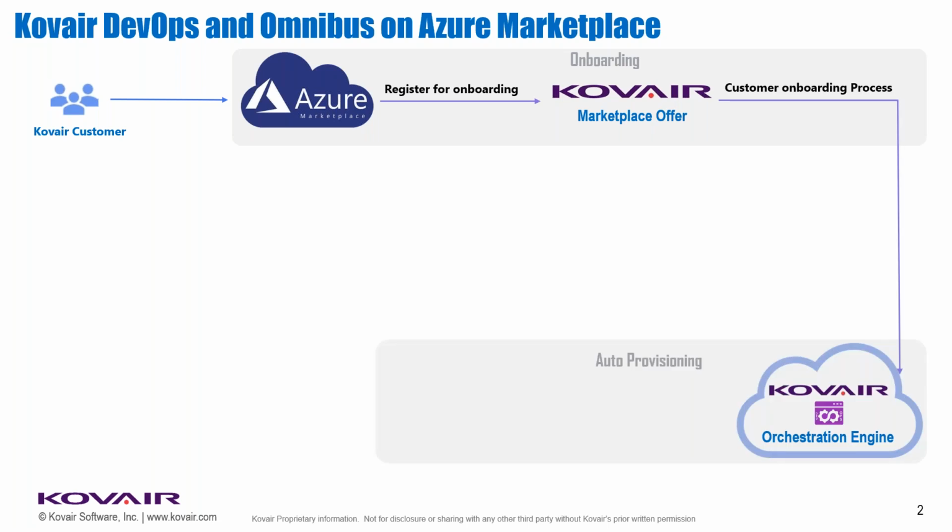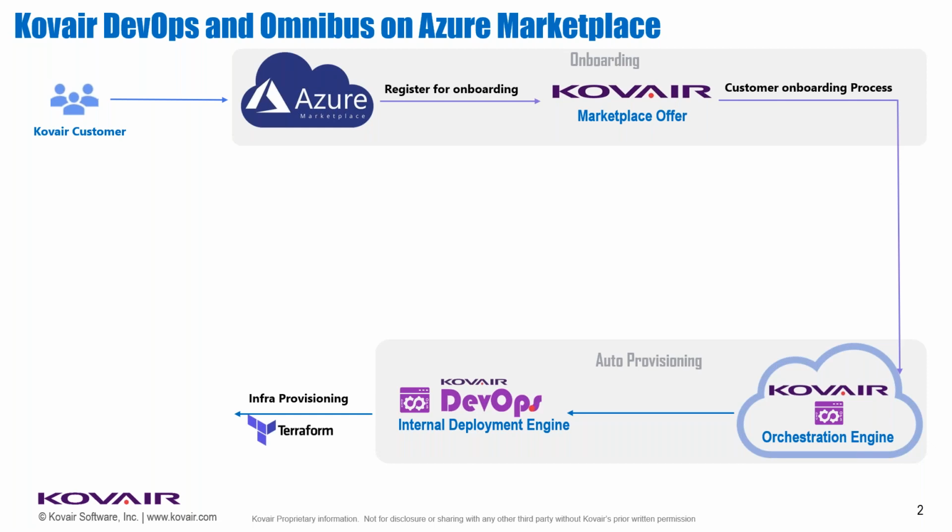The Kovair orchestration engine fetches the customer information from Microsoft Active Directory through Microsoft Graph API, and then starts the customer onboarding process after storing customer information and triggers Kovair DevOps internal deployment engine for infrastructure provisioning on Amazon Web Services through the Kovair Terraform plugin.